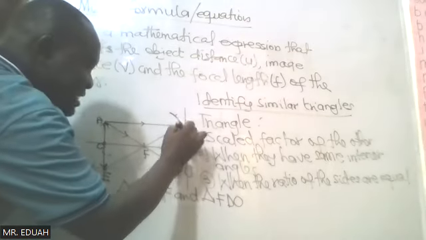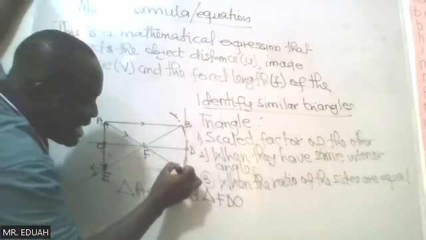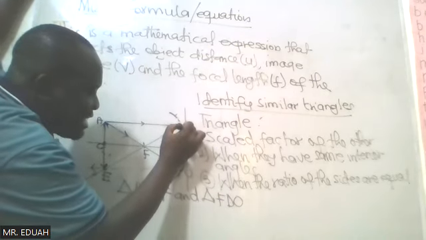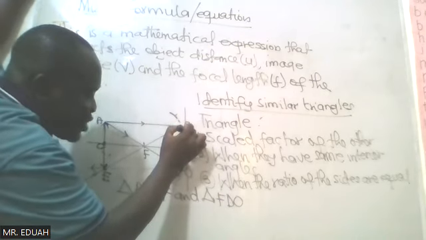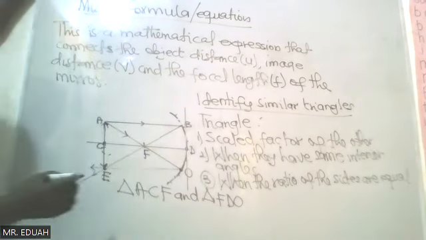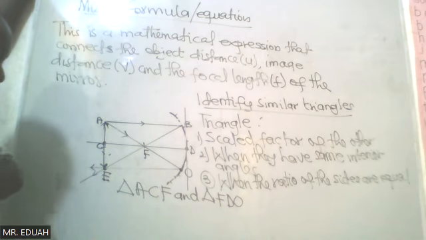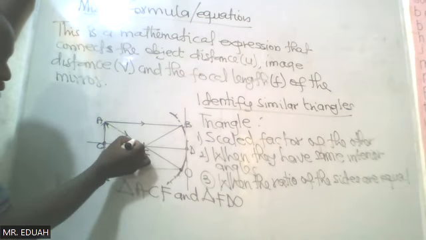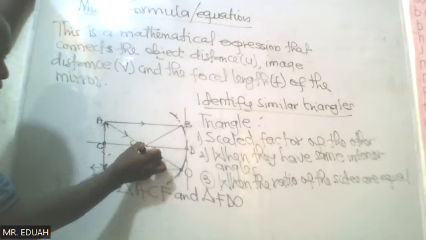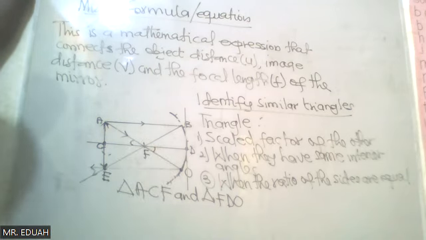Okay, please this side isn't curved. It appears as if we are taking this side as a straight line. If we look at these two triangles, we can identify that this angle is equal to this angle, vertically opposite angles.